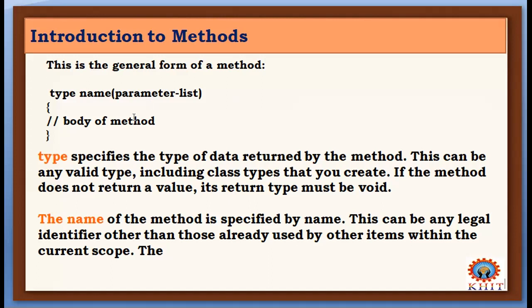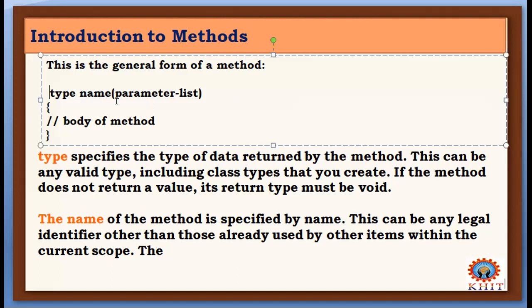Then how should we write a method in the classes? By following the syntax. First of all, you need to write the type, followed by the name of the method, for which we follow the rules of identifiers.